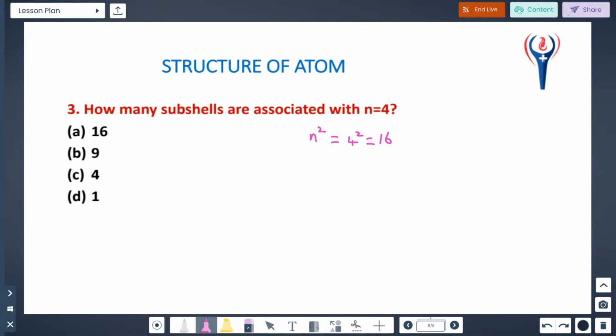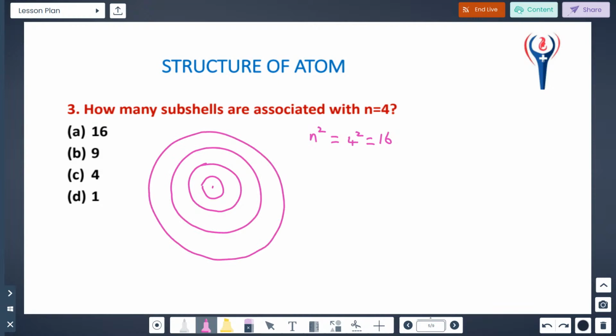Or we can say, n equal to 4 means what? It's a nucleus, then the K shell, L shell, M shell. Here, n equal to 1 means only the s orbital is present.